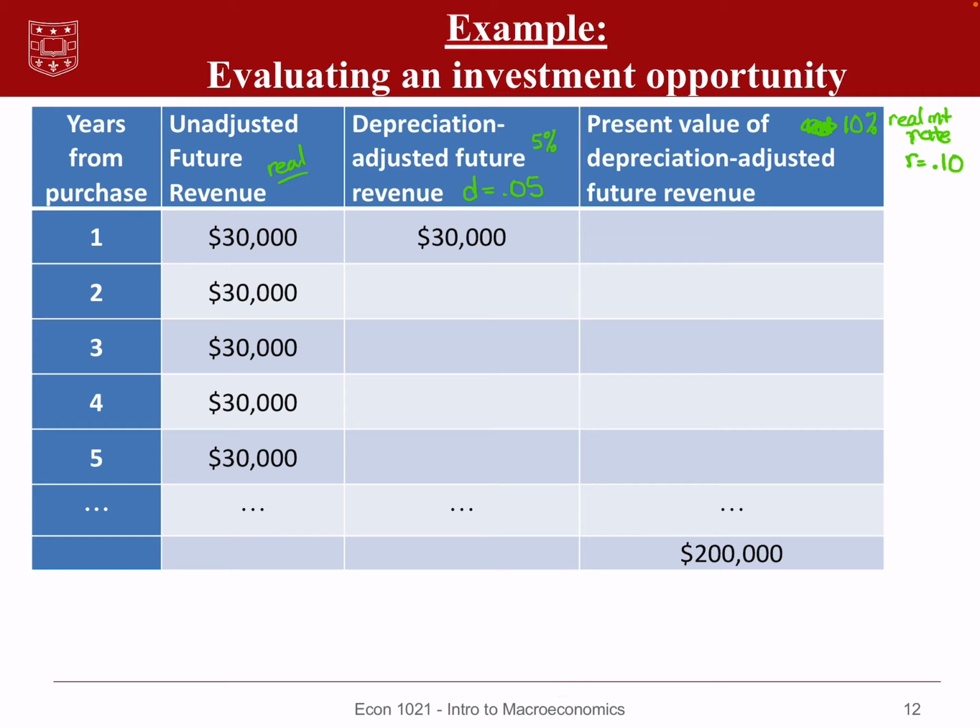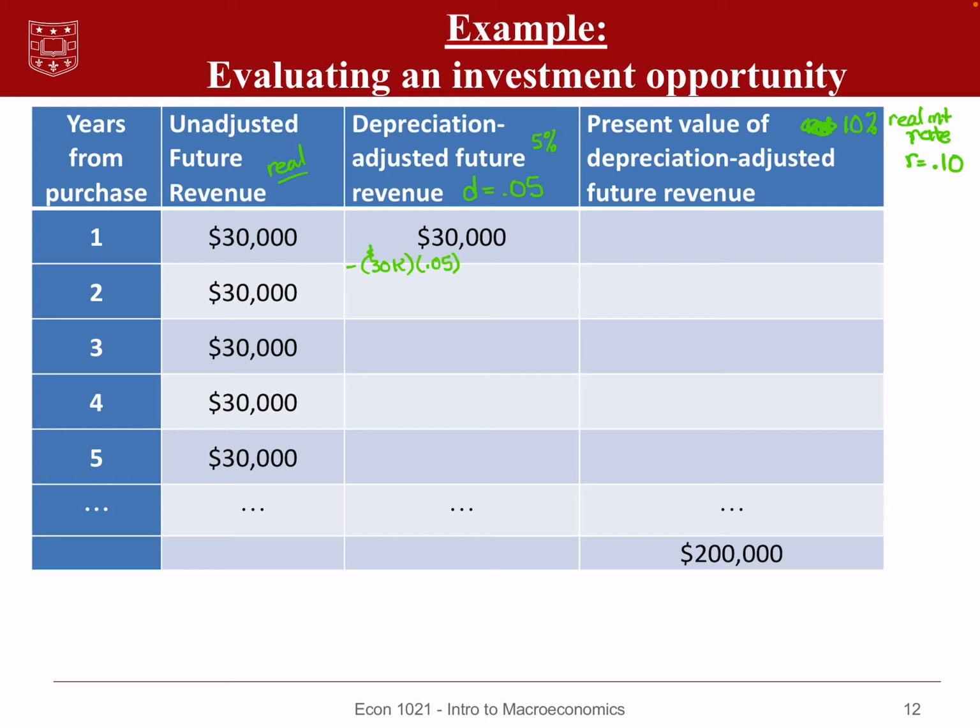So in considering the revenue that would accrue to the Piano Academy in year 2, depreciation sets in after year 1. And so we would be subtracting $30,000 times 0.05.